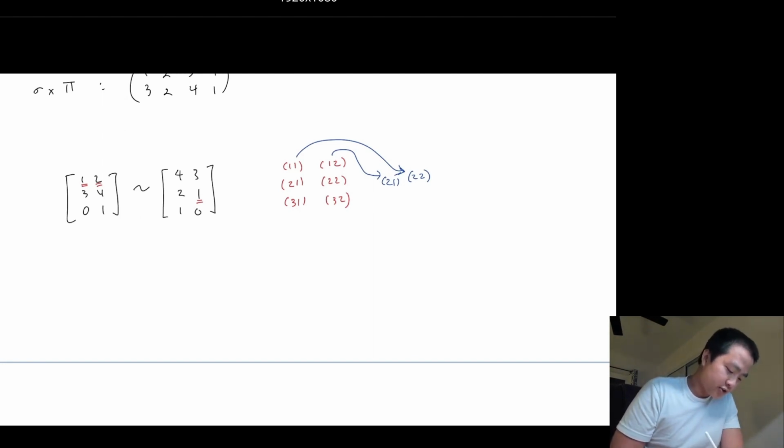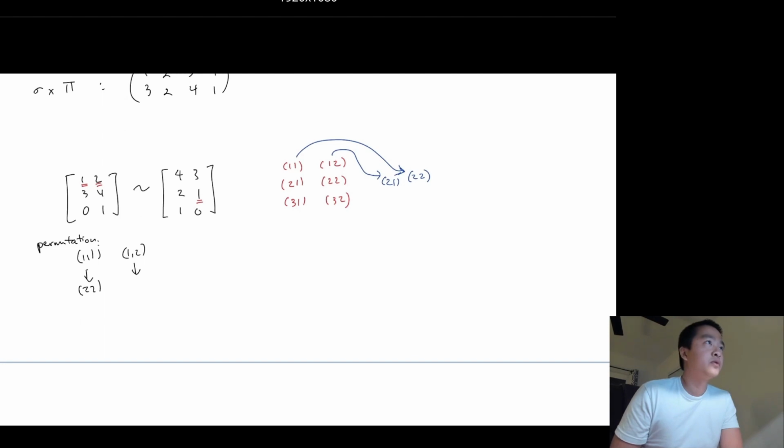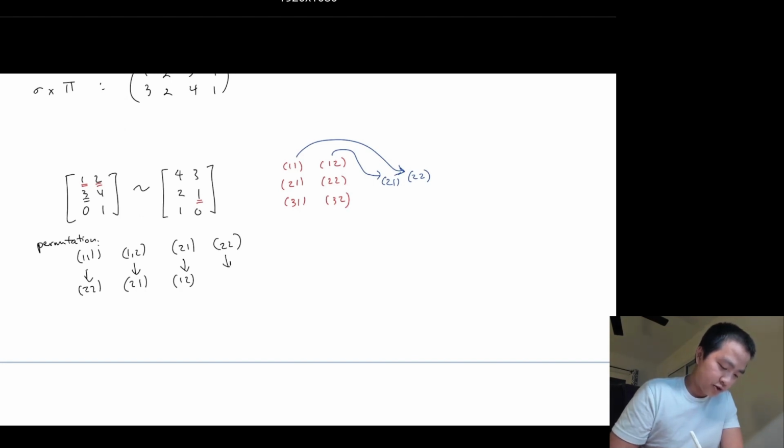So this corresponds to the following permutation. 1, 1 is mapped to 2, 2, right? 1, 2 is mapped to 2, 1. 2, 1 is mapped to 1, 2. 2, 2 is mapped to 1, 1, right? 3, 1 is mapped to itself. 3, 2 is also mapped to itself.